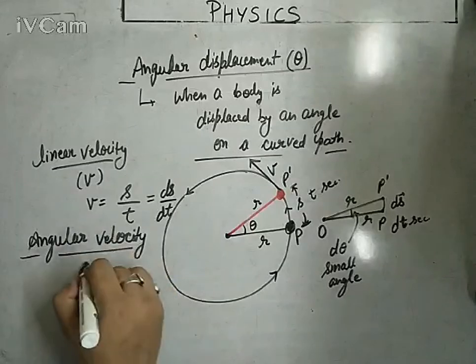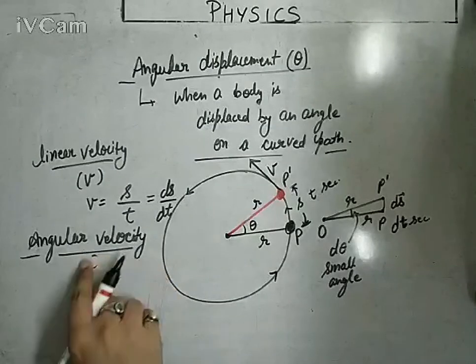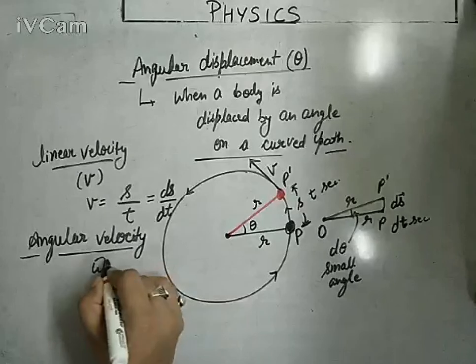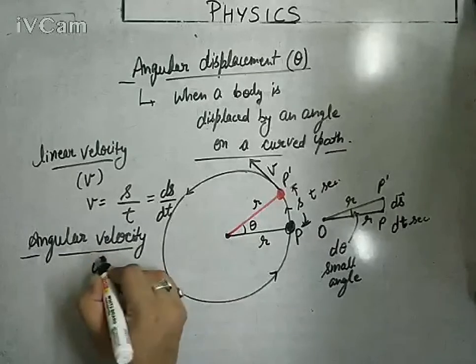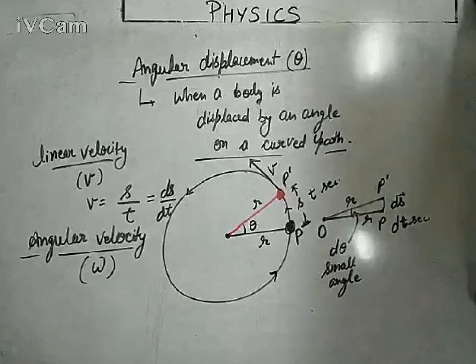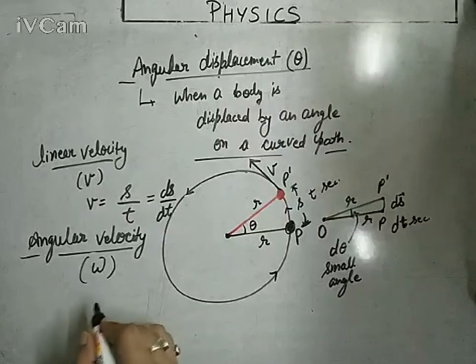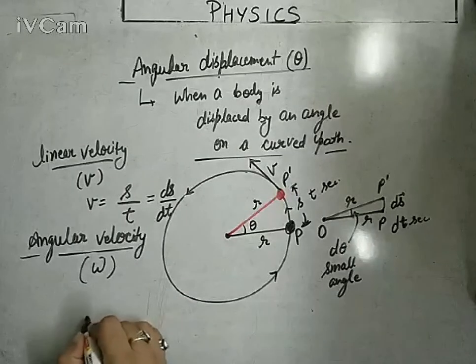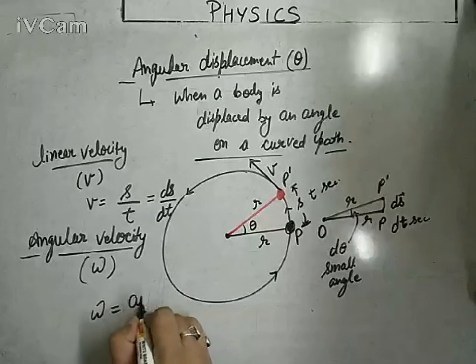Angular velocity is represented by a symbol pronounced omega, written like a little bit twisted small w, not capital. Angular velocity is angular displacement upon time.